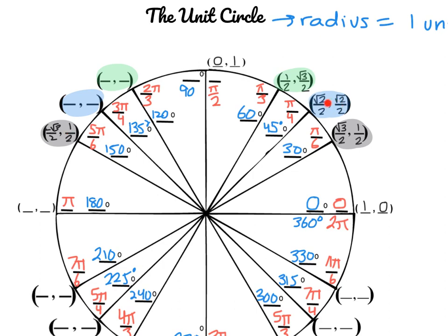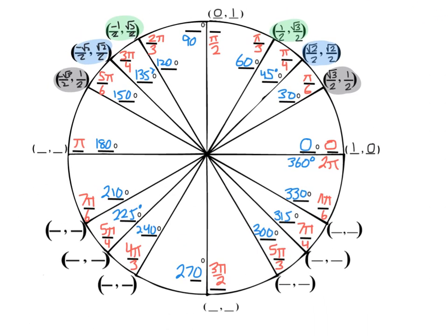This same exact value is going to go here, except x is going to be opposite. So it's going to be negative root 2 over 2 and then positive root 2 over 2. And same for the 60 degree. This becomes negative 1 over 2 and then this stays positive. So then we're going to do the same thing down in this next quadrant. This one is going to match with the other 30s.